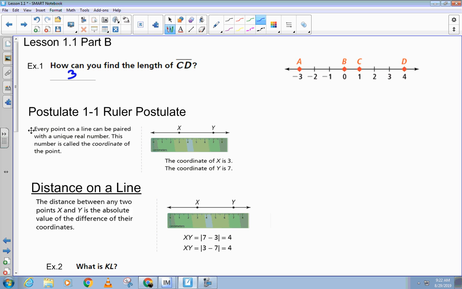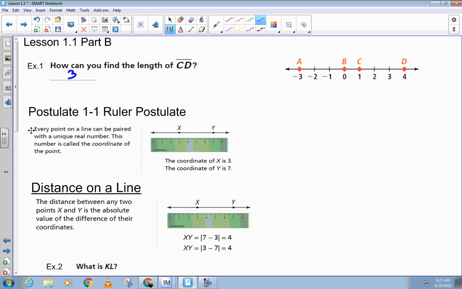And so when you go to find the distance between any 2 points on a line, it's basically the absolute value of the difference between their coordinates. And so up here it was really easy because all you had to do was count. But what if the numbers were 218 and 546? All right, you couldn't just count. You would actually have to do a little math. And so you subtract and take the absolute value.